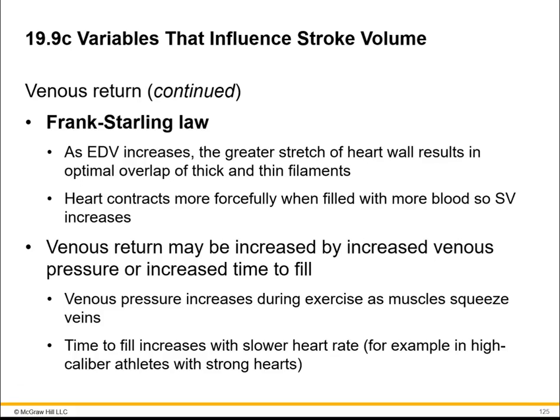Venous return may be increased by increased venous pressure or increased time to fill. Venous pressure increases during exercise. Okay, so this is going to happen as those muscles squeeze the blood through the veins and increase venous return. Time to fill increases with a slower heart rate. So in high caliber athletes, for example, who have strong hearts, they have slower heart rates, and this gives their hearts more time to fill.